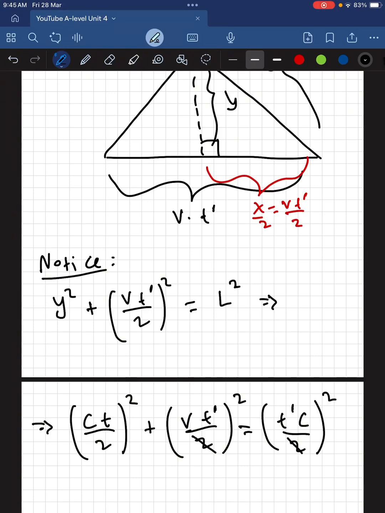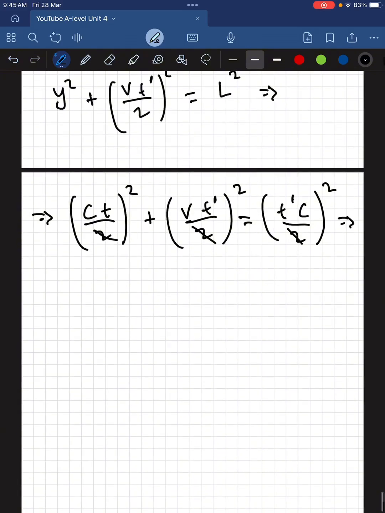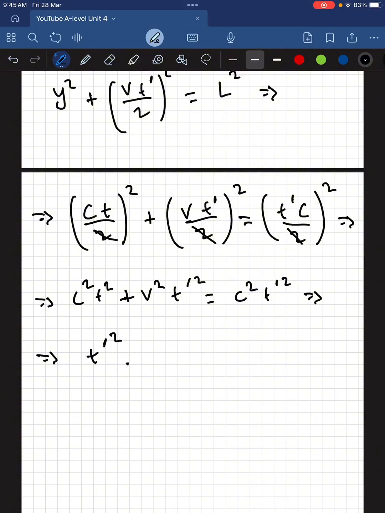So these two cancel, and we find that c squared t squared plus v squared t prime squared is c squared t prime squared. And if we bring everything to one side, we have t prime squared is c squared t squared over c squared, when we factor out 1 minus v squared over c squared.